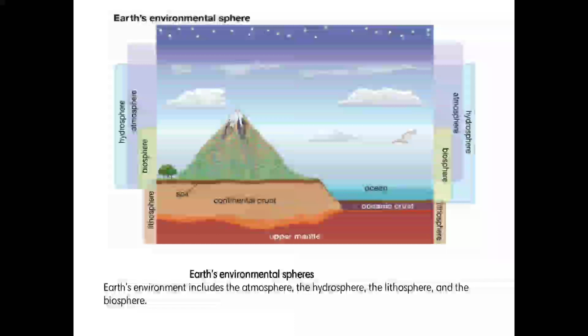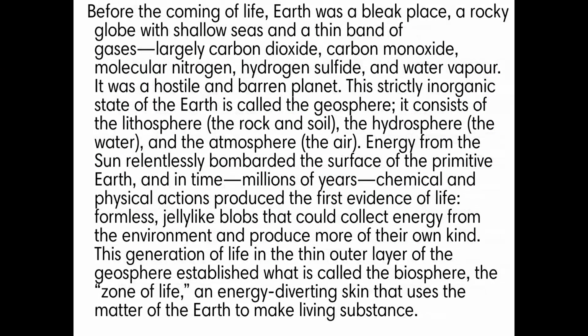Earth environmental sphere. Before the coming of life, Earth was a bleak place, a rocky globe with shallow seas and a thin band of gases, largely carbon dioxide, carbon monoxide, molecular nitrogen, hydrogen sulfide, and water vapor.